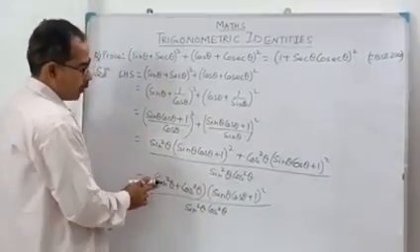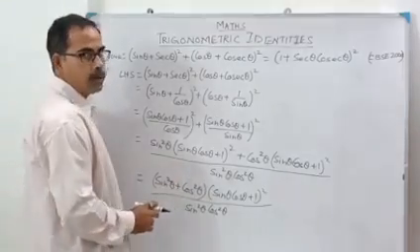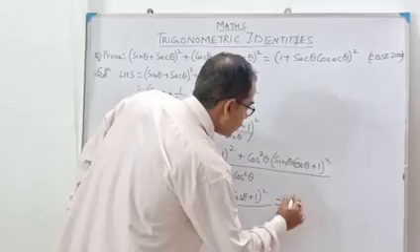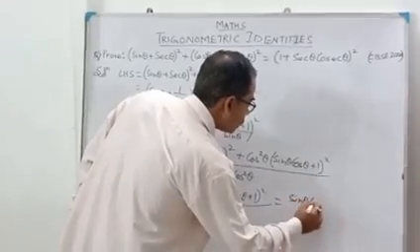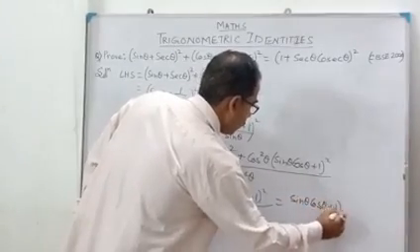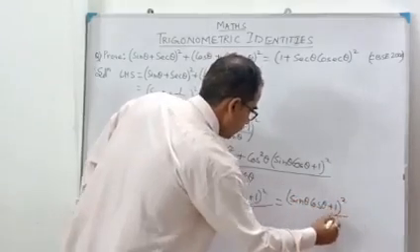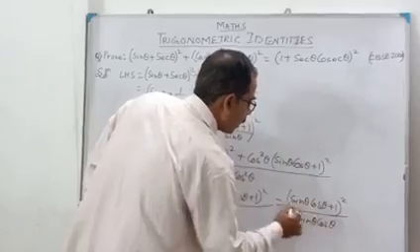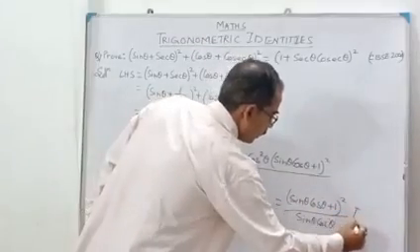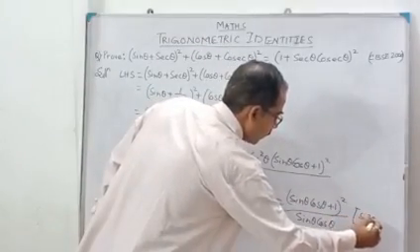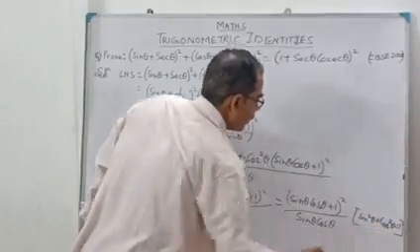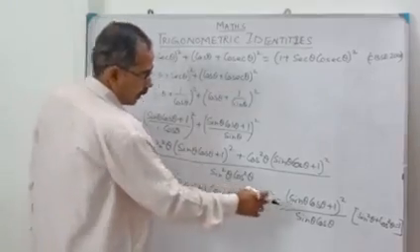Correct? Now sin square theta plus cos square theta is equal to 1. Correct? So you can write sin theta cos theta plus 1 whole square by sin theta cos theta. Actually, which identity are you using? Sin square theta plus cos square theta equal to 1. This identity you are using. So ultimately you are getting this one. Correct?